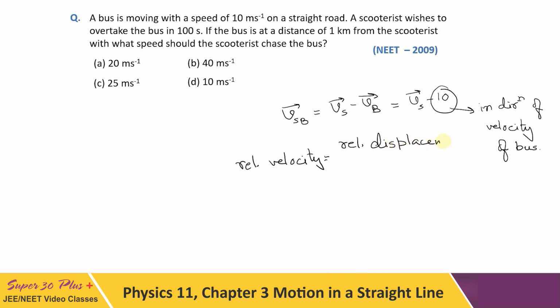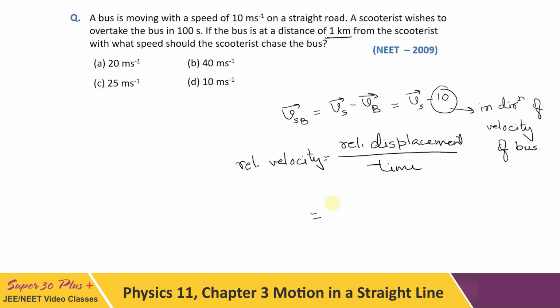What is relative displacement here? As it is given that initially the distance was 1 kilometer, and since the scooterist wants to overtake the bus, the final separation has to be 0. If initial separation is 1 kilometer and final is 0, so what is the relative displacement? That has to be 1 kilometer itself.